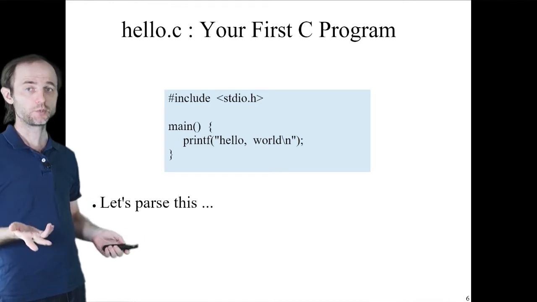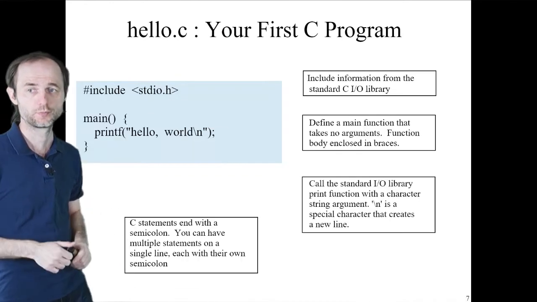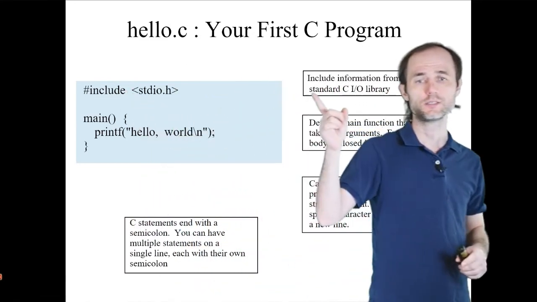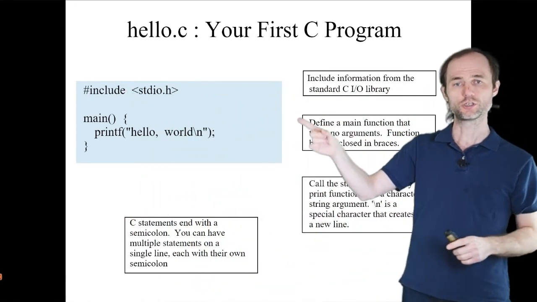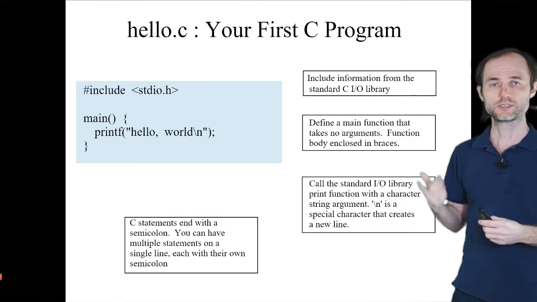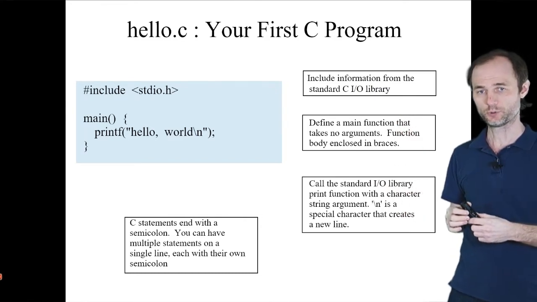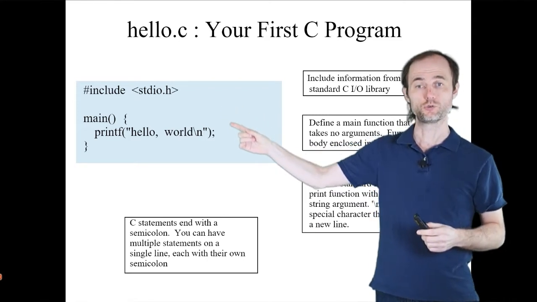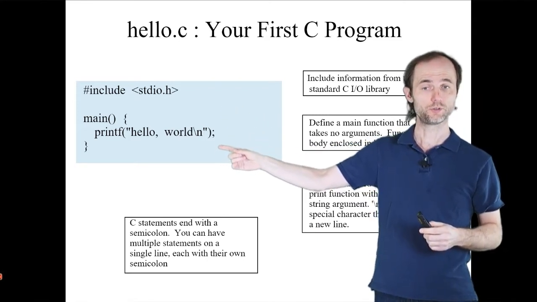And on the next slide, we're going to parse this. So the first line is including the information from the standard C input-output library. This allows us to print things on the screen.